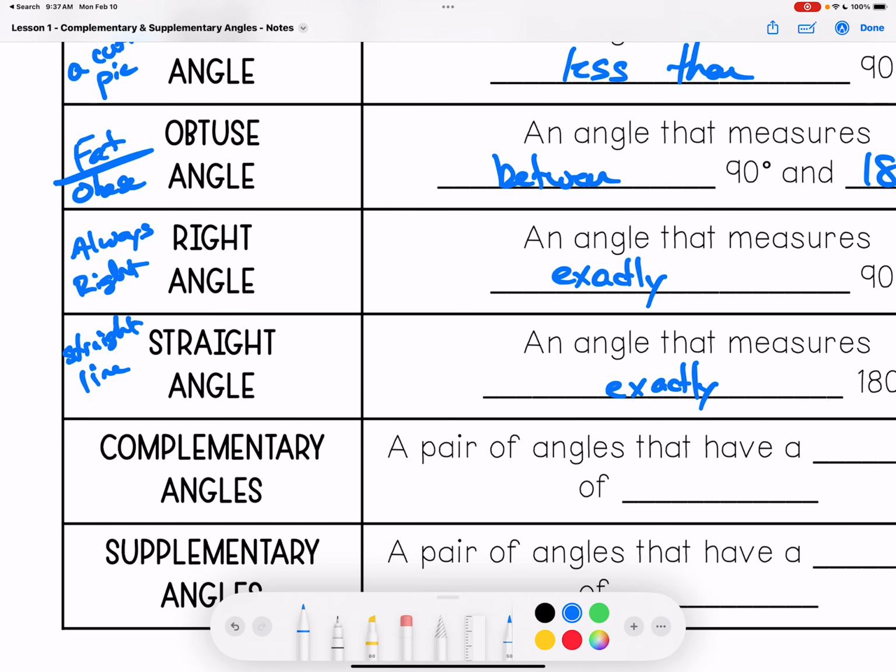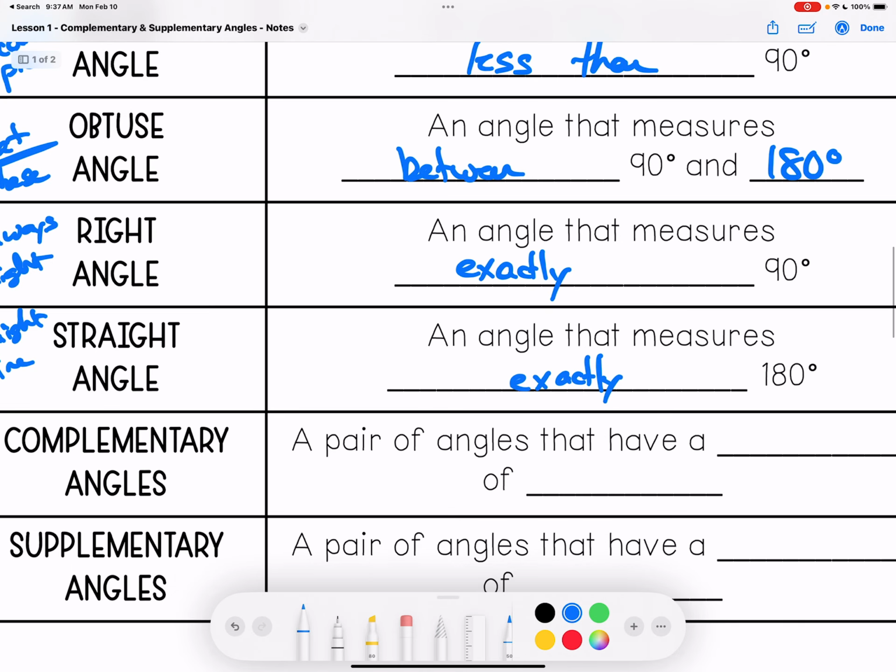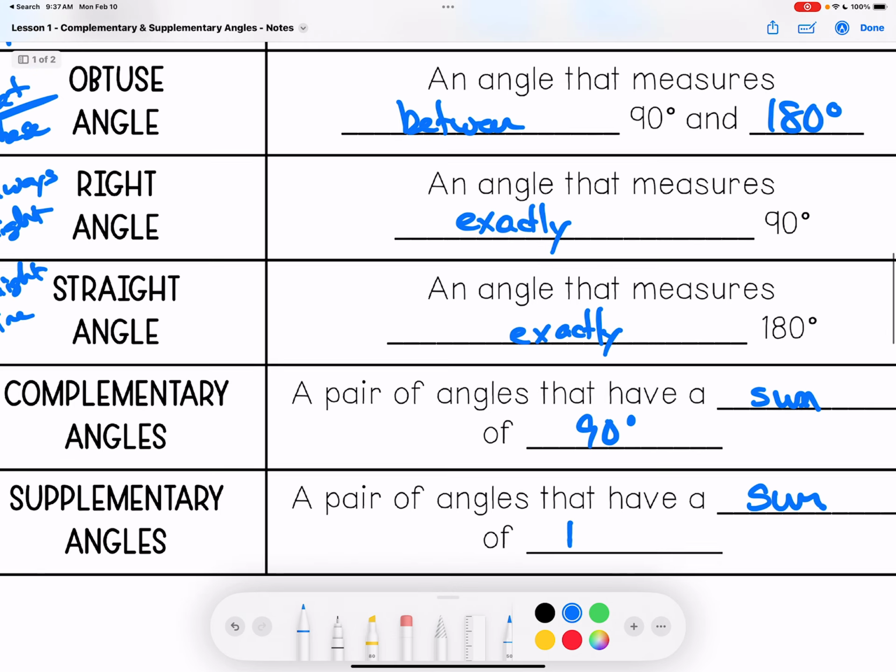Now, here's our word for today. Complementary angles are angles that have a sum of 90 degrees. Supplementary angles are angles that have a sum of 180.